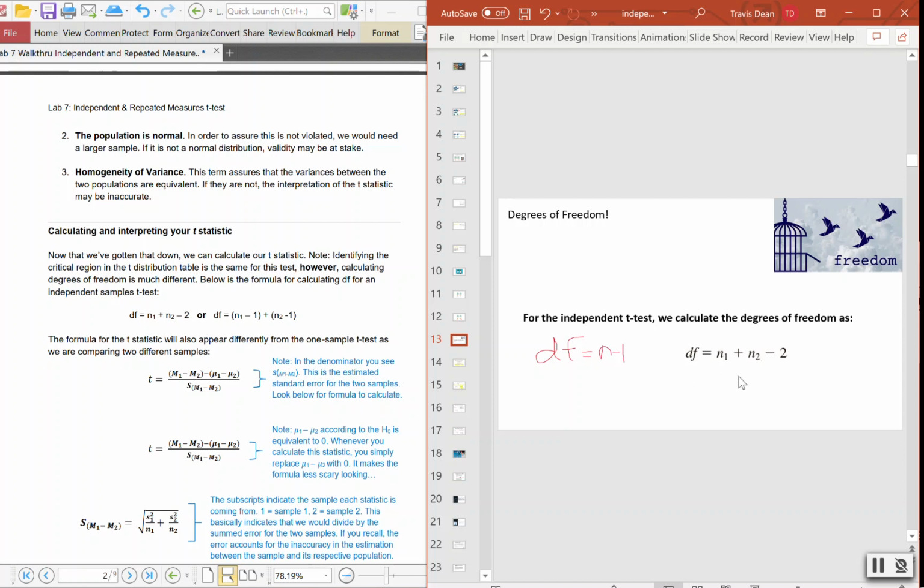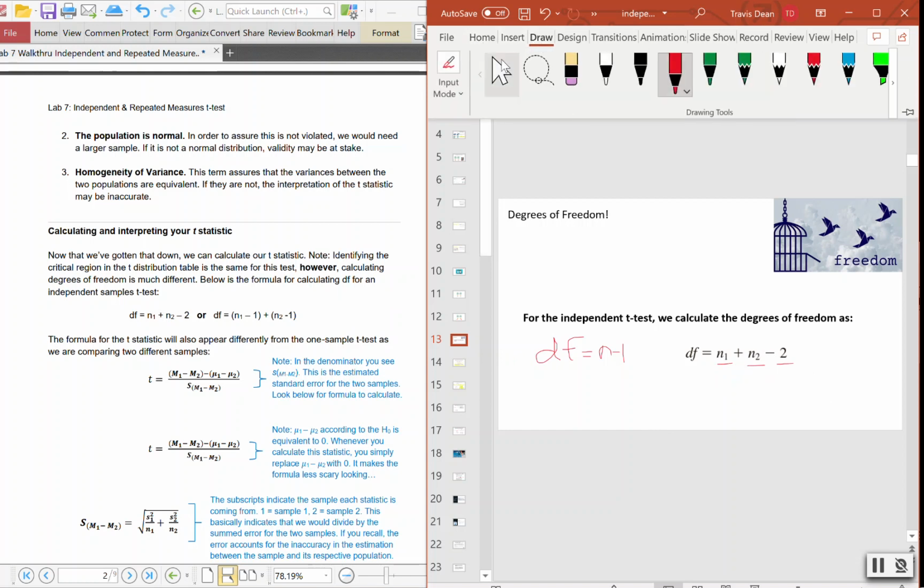Because we have two samples, we're just doubling it. We're adding these up and then subtracting 2. Pretty straightforward. It's going to be important because we're going to obtain a critical t value. That's going to be important to make an assessment of whether or not to reject or retain our null hypothesis.